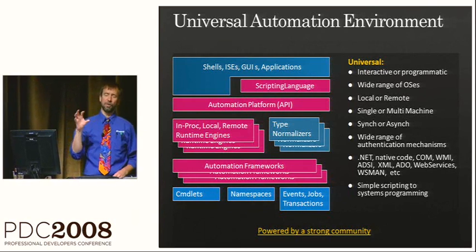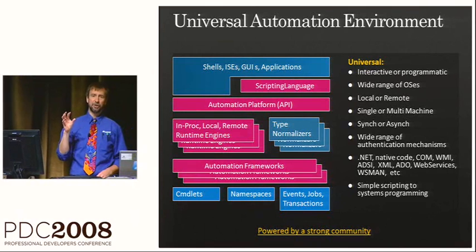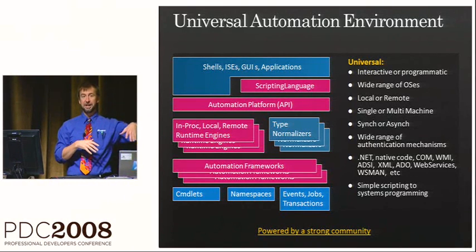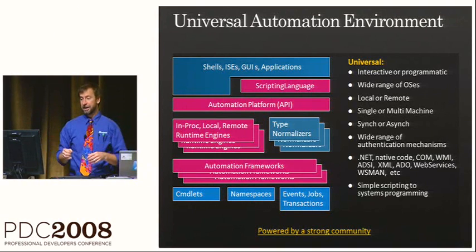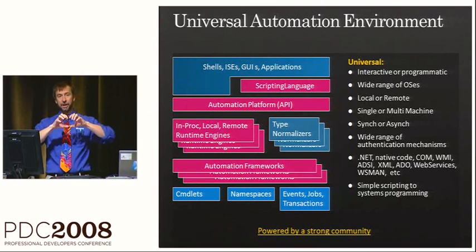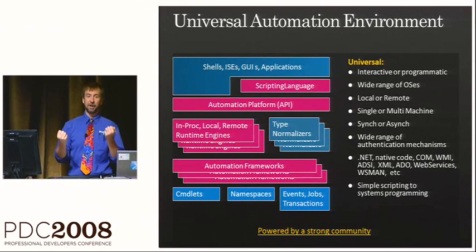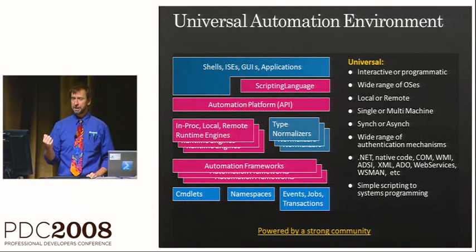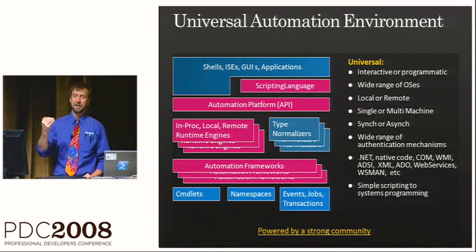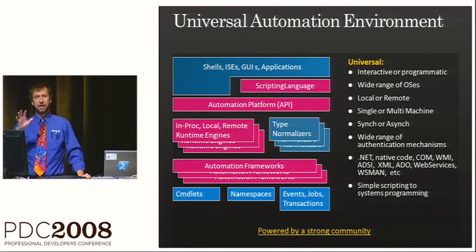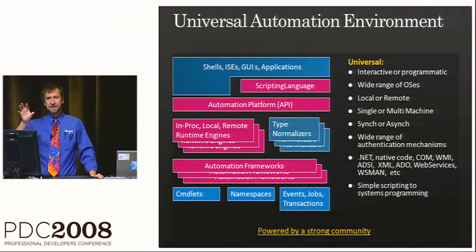That then talks to a runtime engine, and in version 2, that runtime engine can be in your process, it could be a local process, it can be a remote process, and you can have lots of them, okay? And then they call an automation framework. Automation frameworks are things that other people plug into, or you plug into. Standard ways to write commandlets, namespaces, and here what we're doing is we're trying to now standardize the interface.